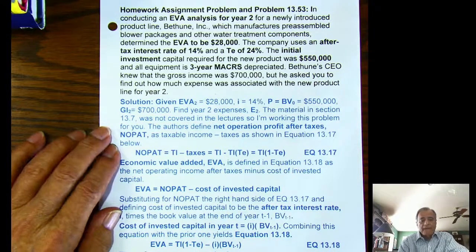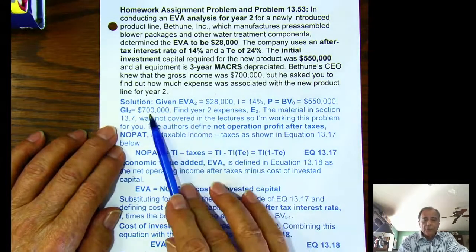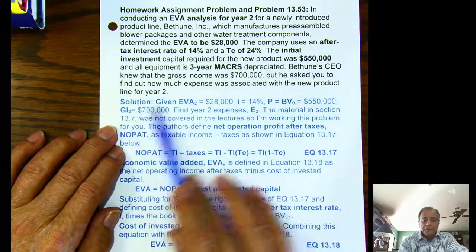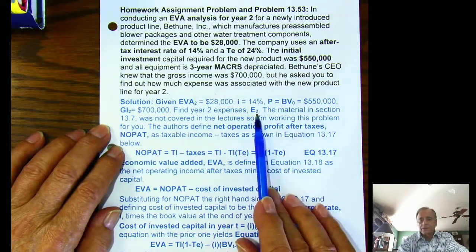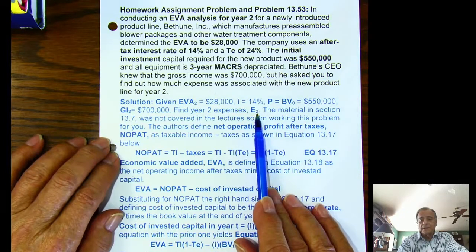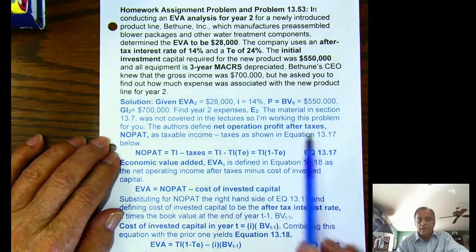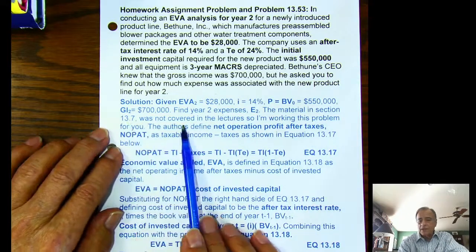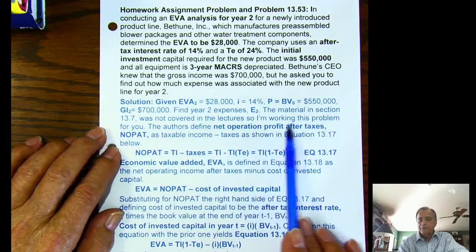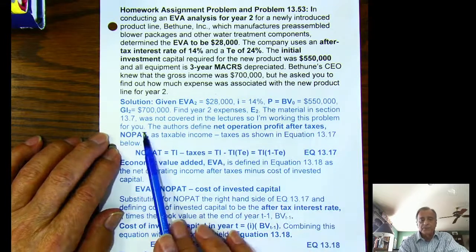And we're given that the gross income in year 2 is $700,000, and we're asked to find the expenses in year 2. Well, as I said, you're going to have a bunch of equations. The material in section 13.7 was not covered in the lecture, so I'm working this problem for you, okay?